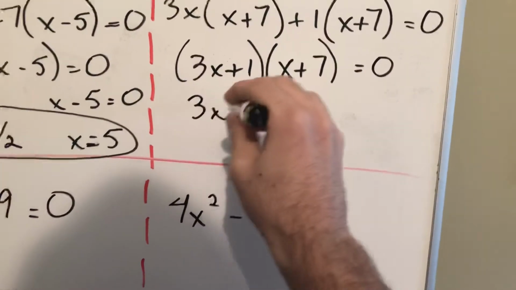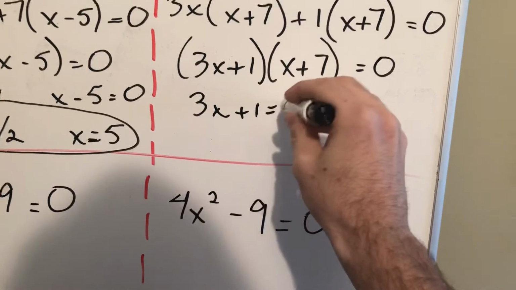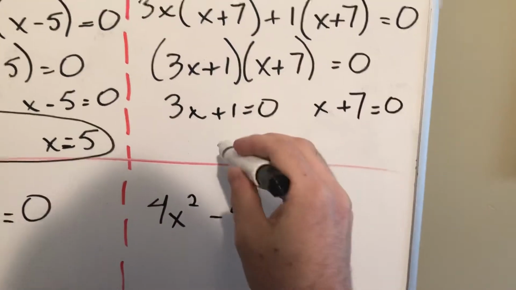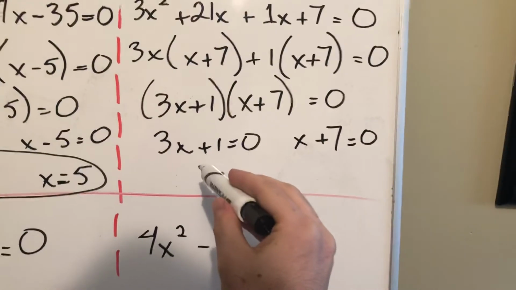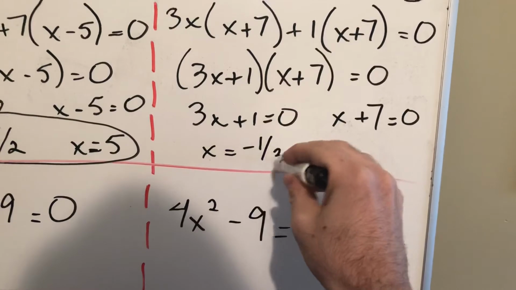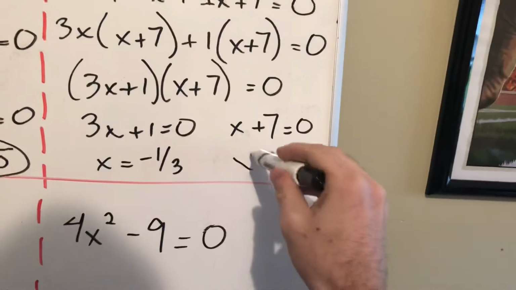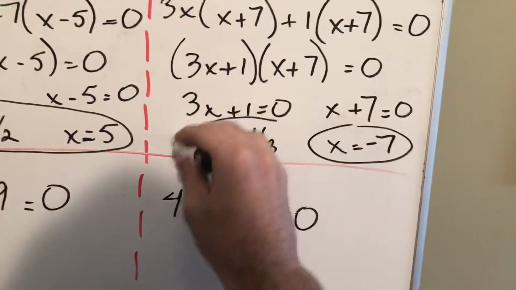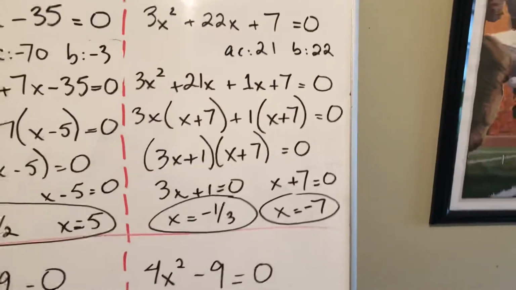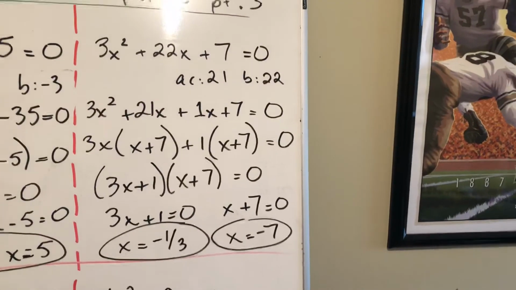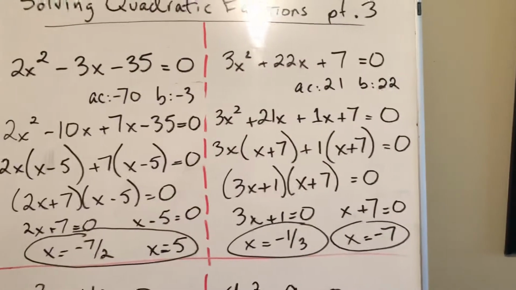Zero product property. Subtract 1 from both sides, divide by 3. Subtract 7 from both sides. Two negative answers here, right? We started off with all positives, and that means that your answers are ultimately going to be negative based off the nature of that problem.